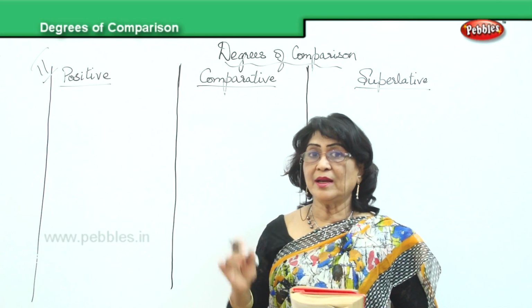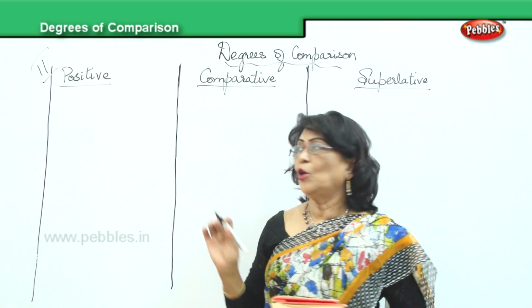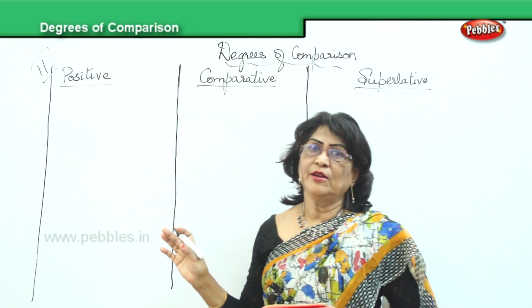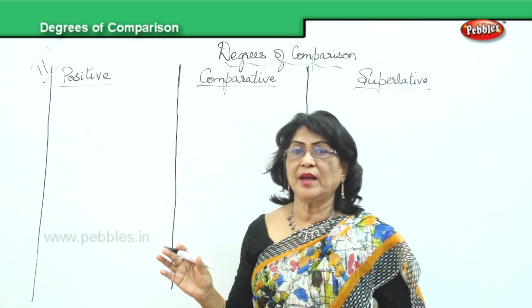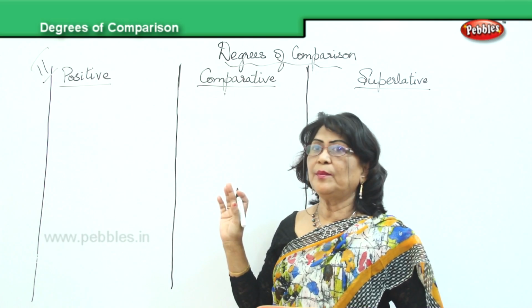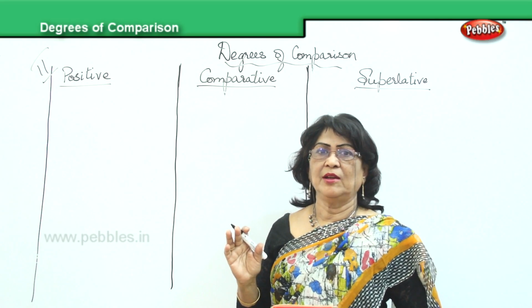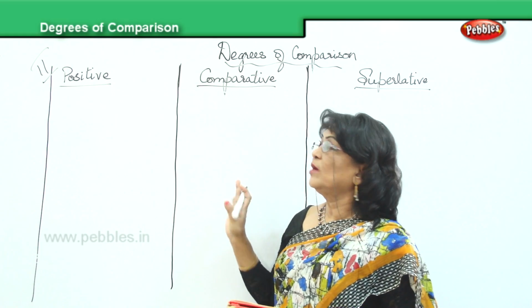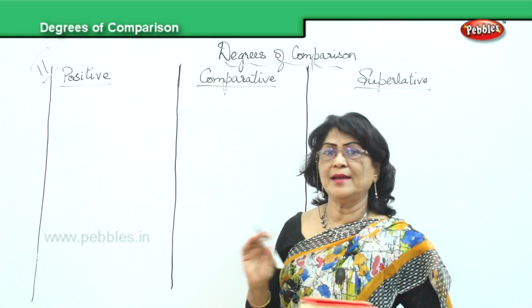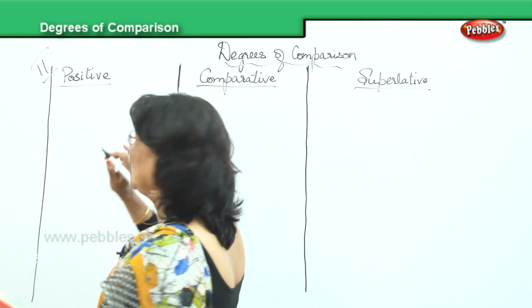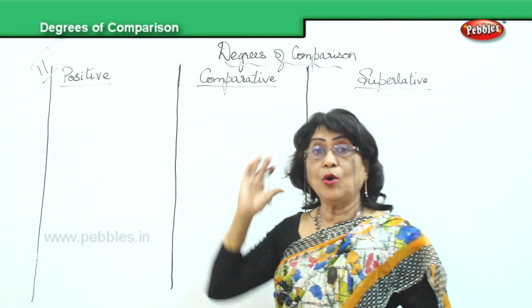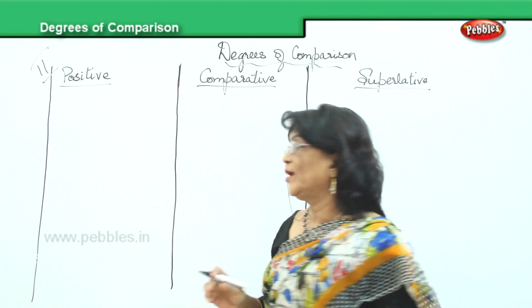We don't add another E to it. So, along with the word ending in E, for example, brave, B-R-A-V-E, we just say braver, bravest. Okay. So, here we do not add E, we add only R and ST. I will give you some examples. I can't give you all the words, I am just giving you a few examples.